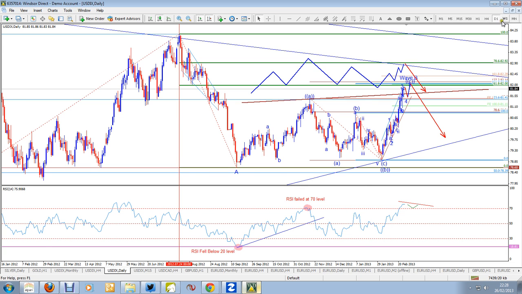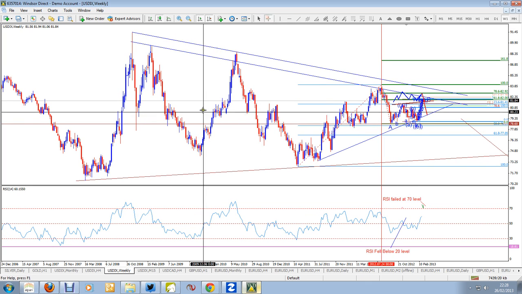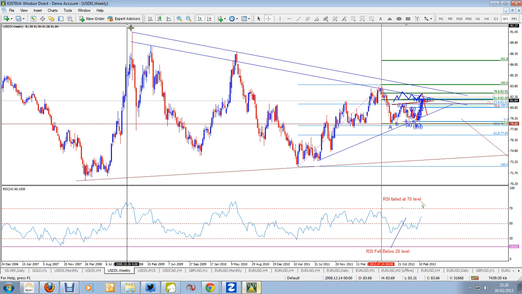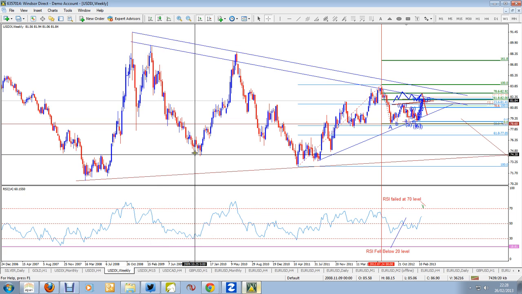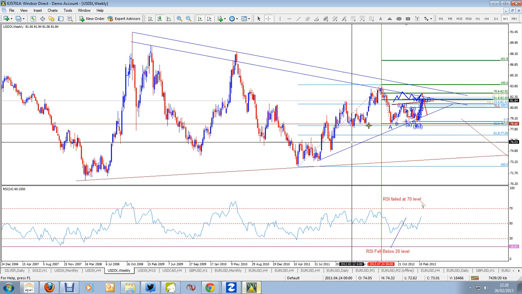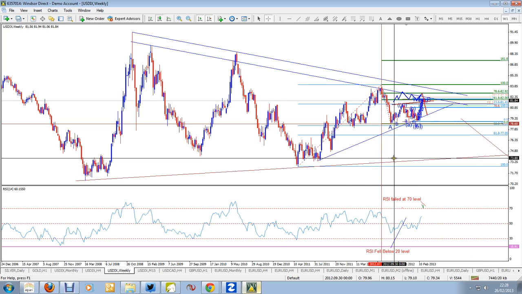So if I was to just look at this dollar index on a weekly chart, there are charts where I've labeled this one as potential A, then we've got this as A, B and C to give us wave B, and then this one coming back up to give us wave C, and then we were looking for most likely an action to the downside.